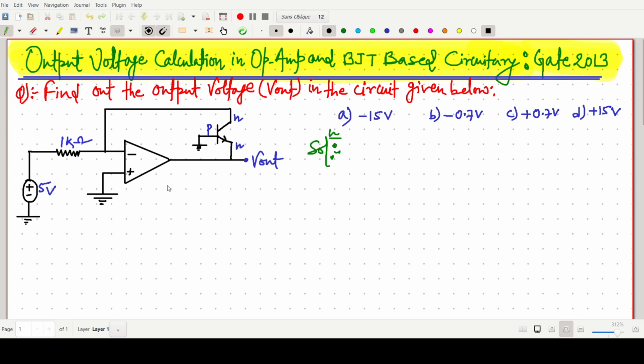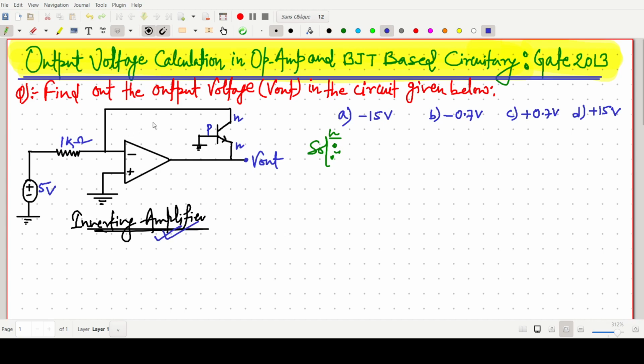Suppose this op-amp is nothing but simply an inverting amplifier based circuitry. Okay, why am I saying this is an inverting amplifier?